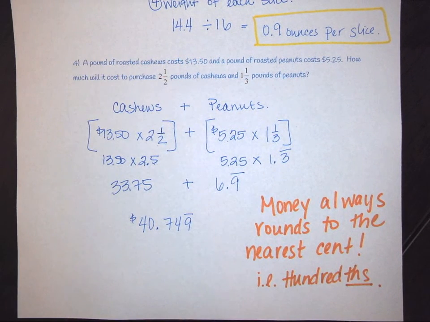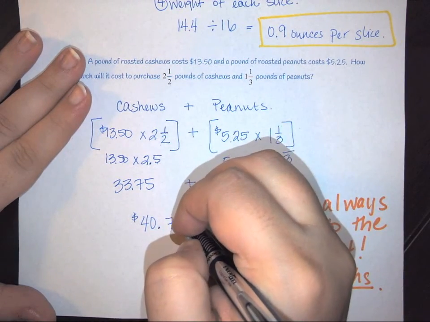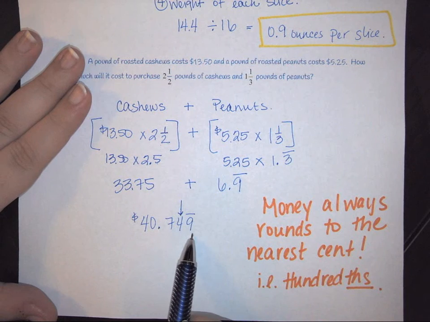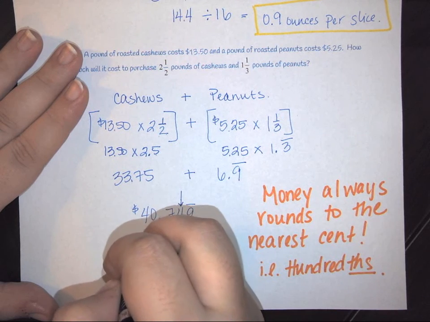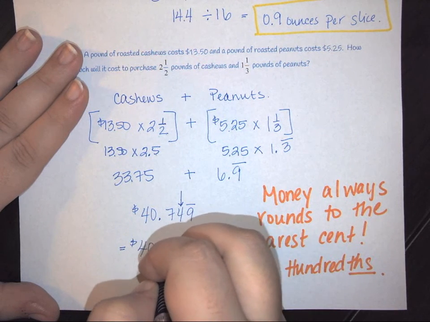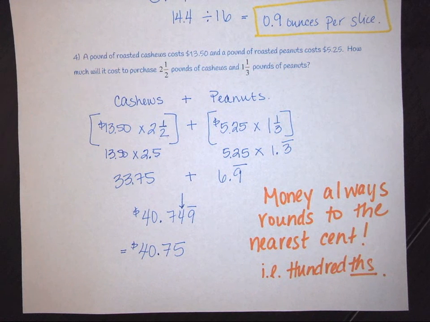So since money always rounds to that nearest cent, we're going to look here at the hundredth spot, which means I look at the spot next to it. 9 is greater than 5, so this is going to round up. So this is going to give us a total of 40.75, or $40.75.